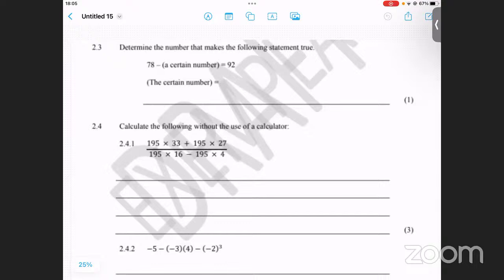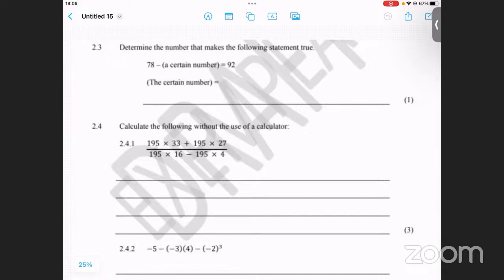The first question that I cropped here is: determine the number that makes the following statement true. It says 78 minus a certain number in brackets is equal to 92. Now they want you to calculate that certain number that will make this statement, 78 minus whatever number, equal to 92.